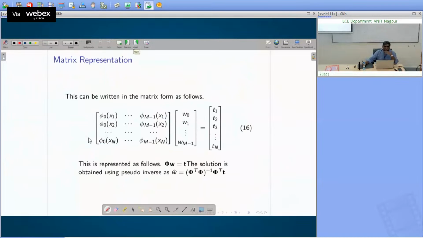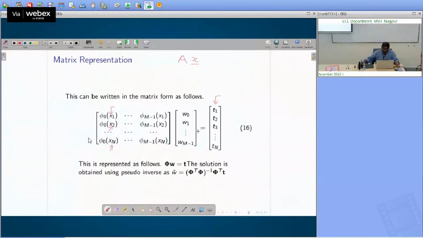What we are going to do here is write it like AX. Because we have the observations X1, X2, up to Xn, which are the inputs, and you have the observations T1, T2, T3, which are the noisy observations.